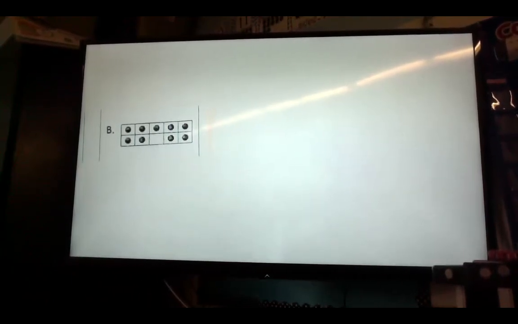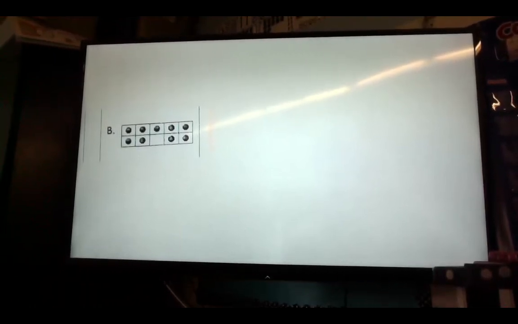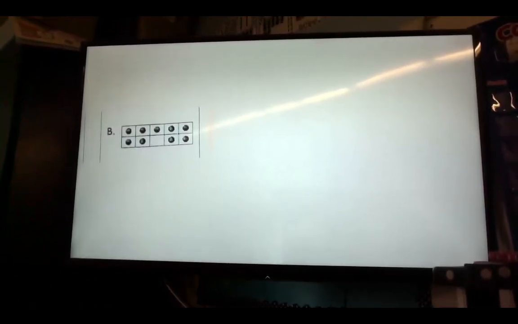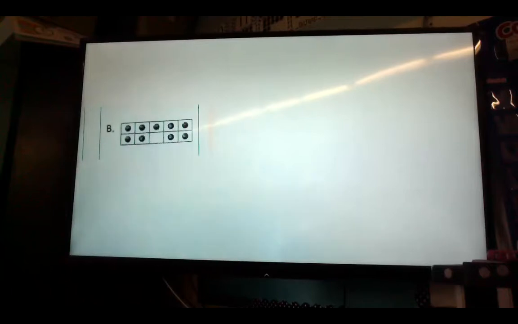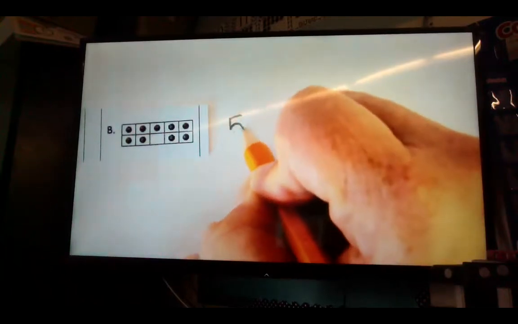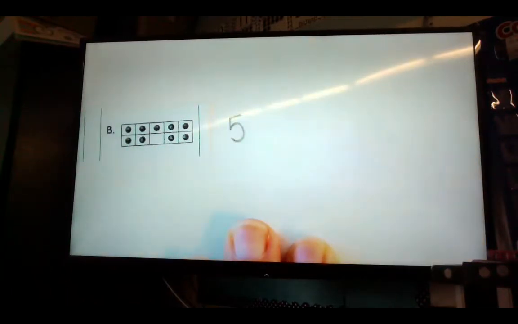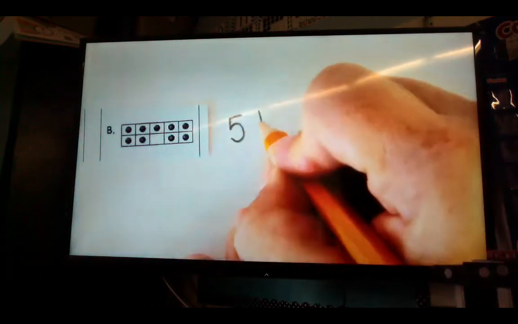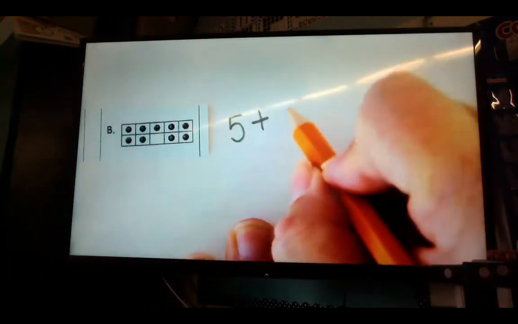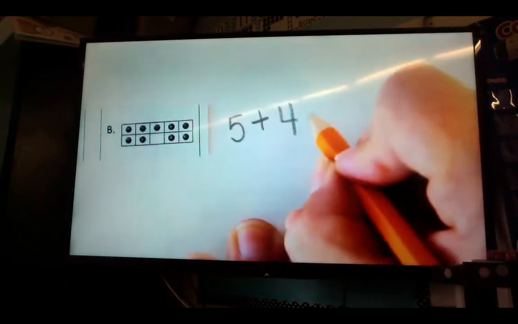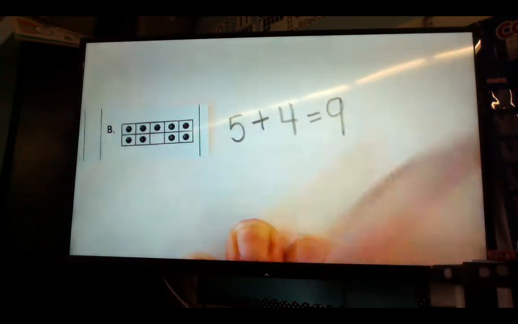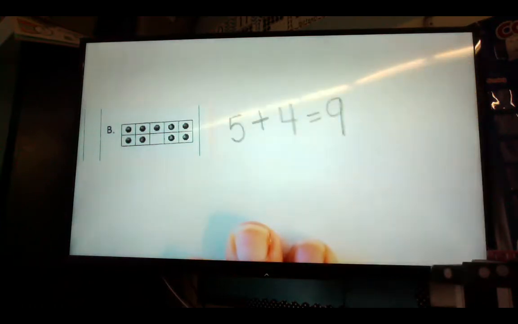Let's write an equation to match. Did you say that you saw 9 dots? If you did, awesome. I see 5 dots on the top, and I see 4 more dots on the bottom. I see 9 dots in all.